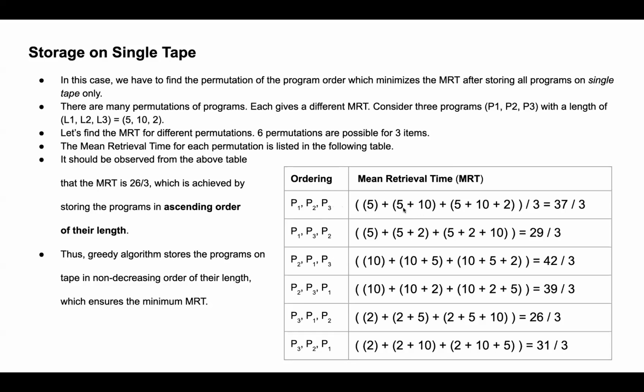But why is it taken as 5 plus 10? Because after executing P1 with length 5, only then will P2 be executed. Then its retrieval time will be 5 plus 10 is equal to 15. Yes or no?